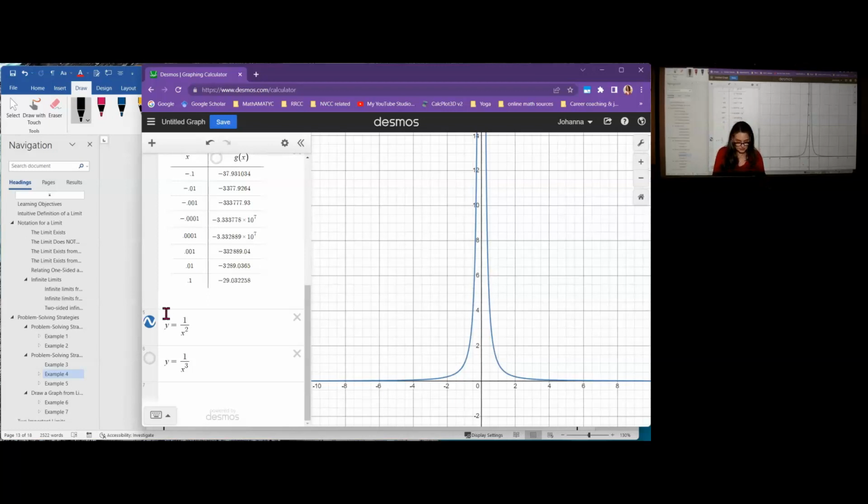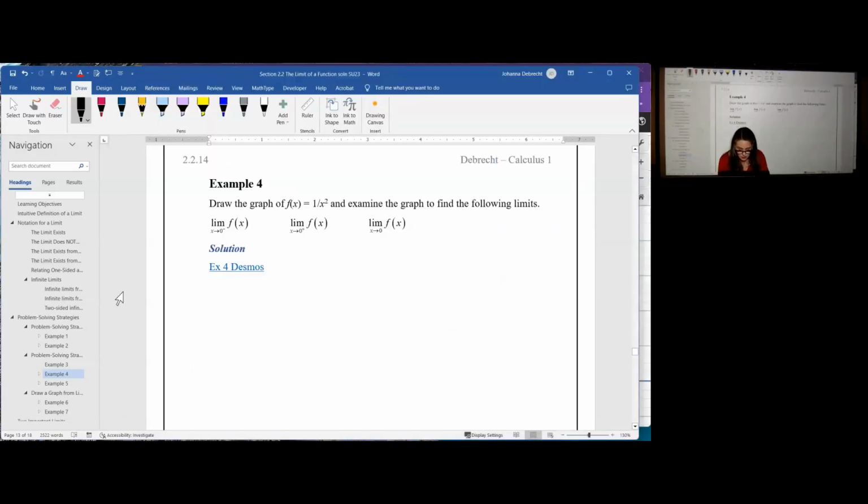The two-sided limit, we will say it goes to infinity, but technically that means it does not exist. So over here, we will write that the limit as x approaches 0 from the left of f of x equals infinity, but again, that means it does not exist, but don't give me that on an exam.